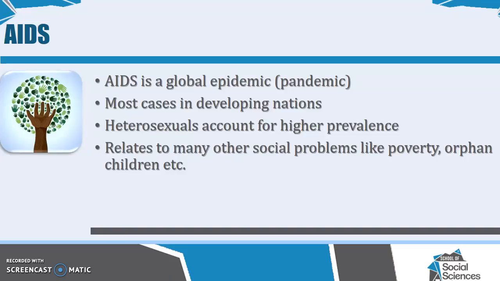And these children are in need of care, which the state obviously cannot provide. So AIDS is indeed a major issue, and in the Caribbean in particular, it directly affects a lot of the smaller Caribbean countries in very real and troubling ways.